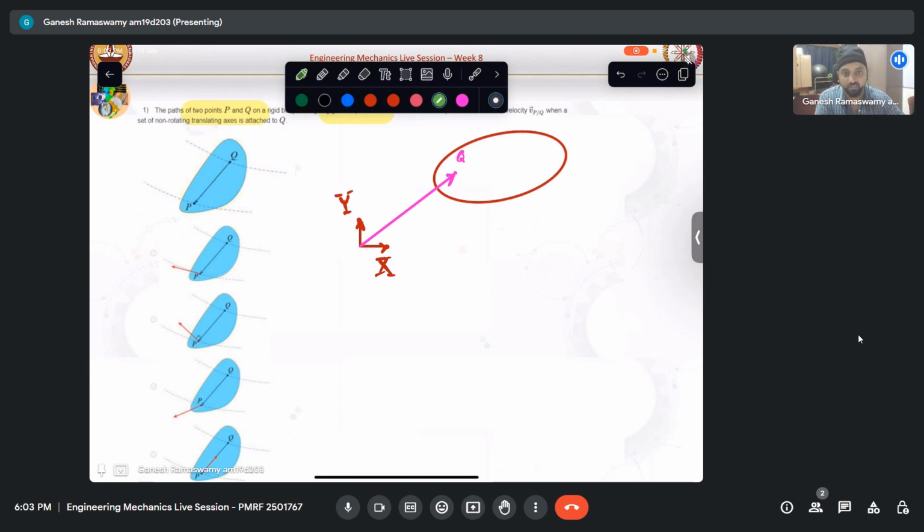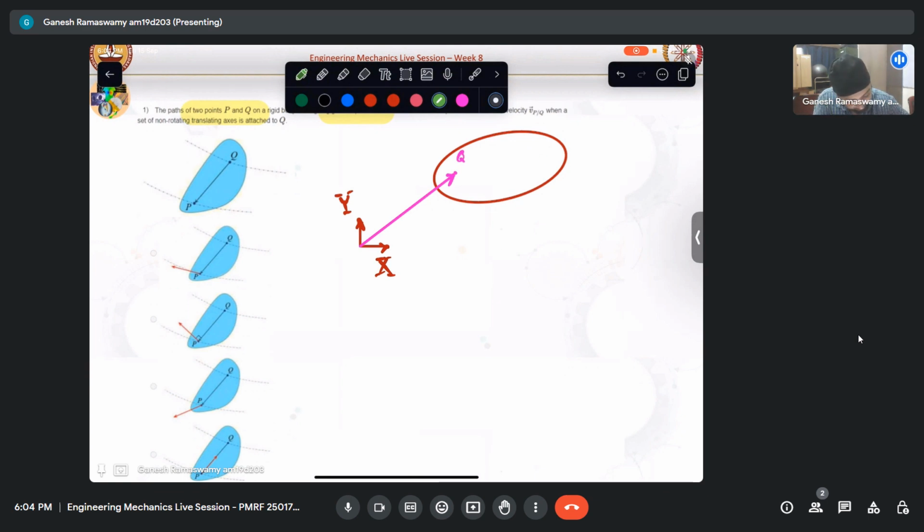It could be curvilinear or rectilinear translation. If there is a difference in those two velocities, then it implies that it is undergoing rotation. And if one of them happens to be zero and the other one has a non-zero value, it implies that it is a fixed axis rotation. Otherwise, it could be classified as general plane motion.